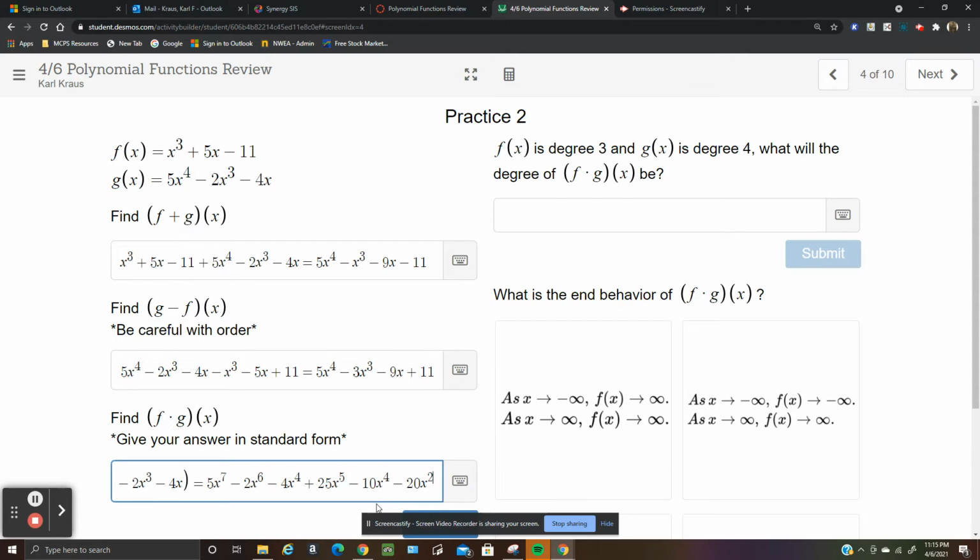And then finally distribute the negative 11 to everything, minus 55x to the fourth, plus 22x cubed, and then plus 44x.